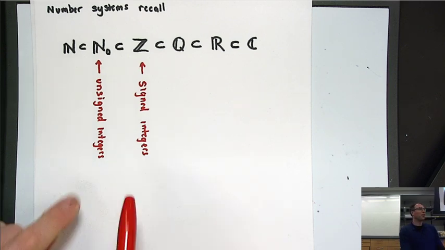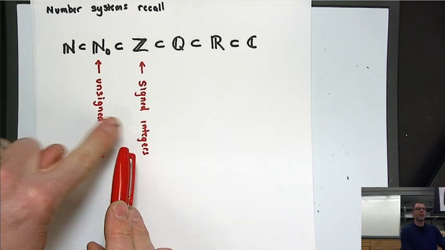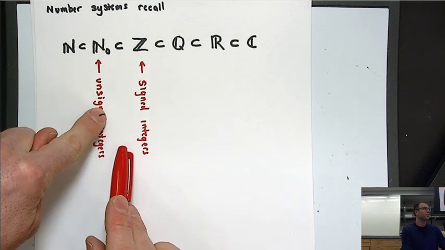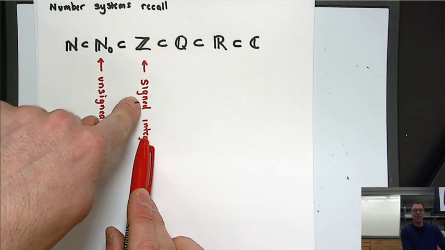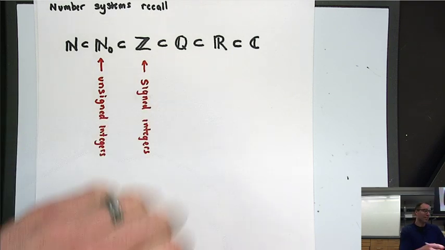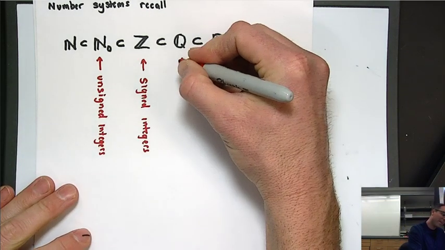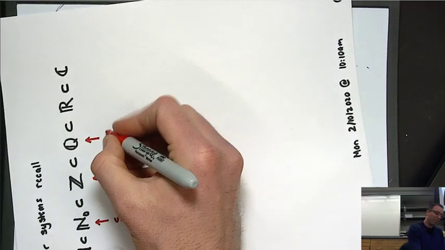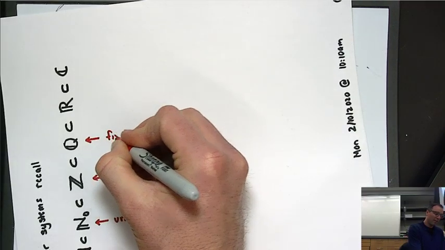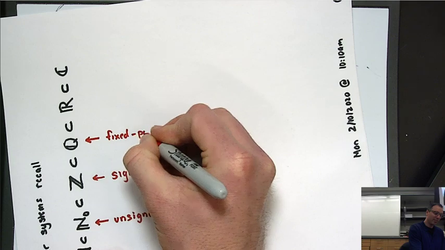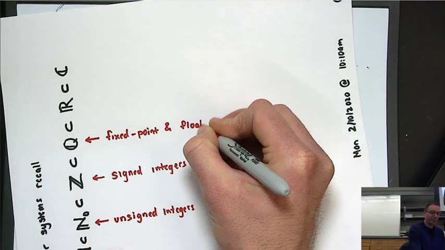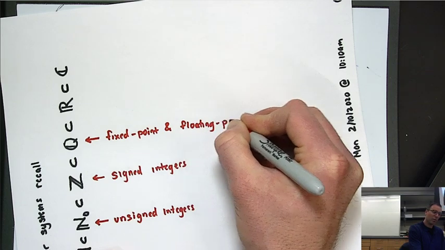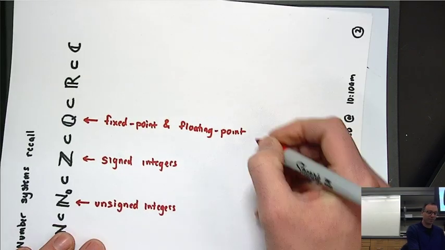So let's just follow our nose here. We start lesson 3 with unsigned integers, and then we go lesson 4 to signed integers, and then this thing we're going to call fixed point and floating point representations.